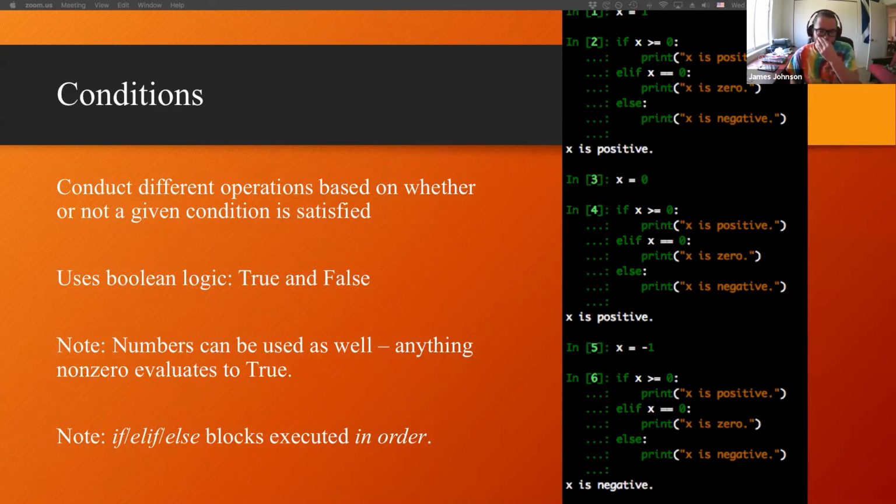One nice construction that I've used in Python before is using a dictionary to map keys onto functions, and then I can use a key to pull some function out of a dictionary and then call that. So if you want to avoid a long if-else ladder, you can put functions in a dictionary and then use some key.